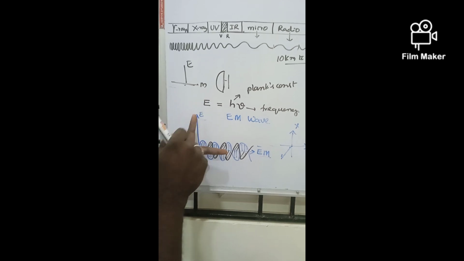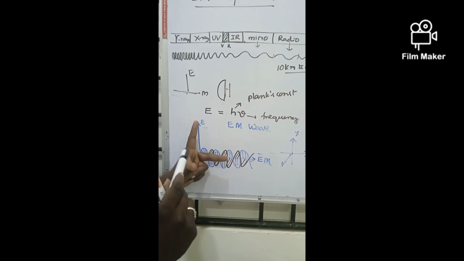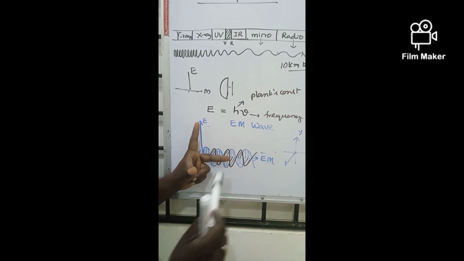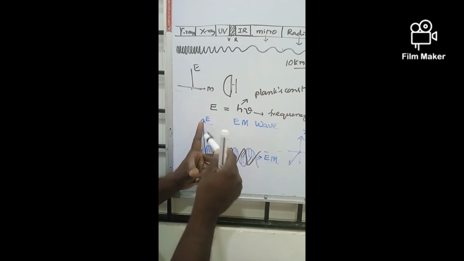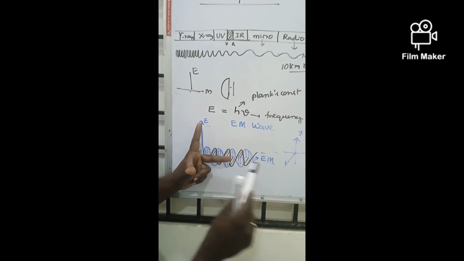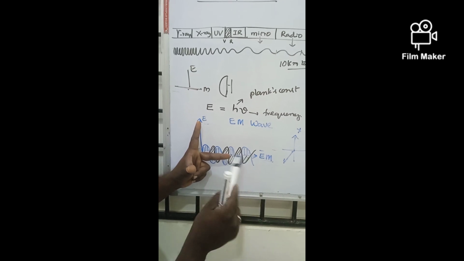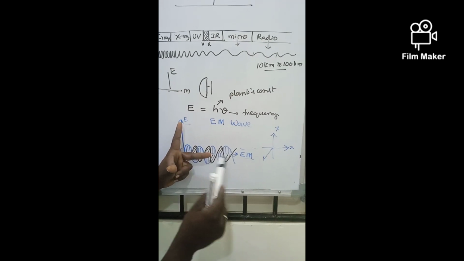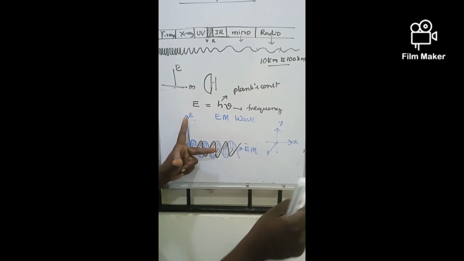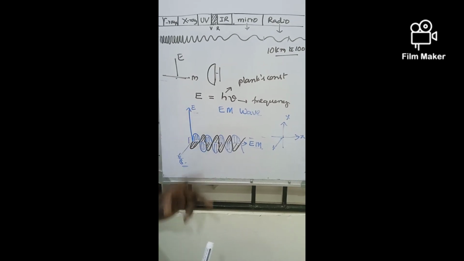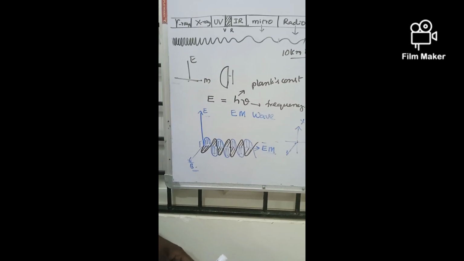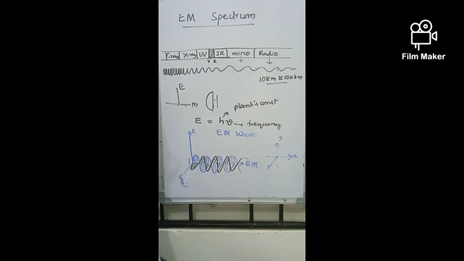If electric and magnetic fields vibrate perpendicularly, then along the third axis an electromagnetic wave will be produced. Okay, so this is about the electromagnetic spectrum.